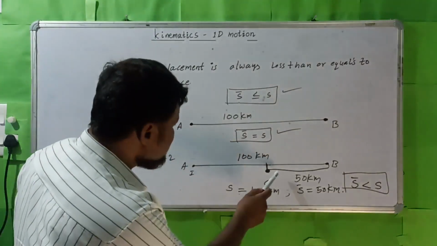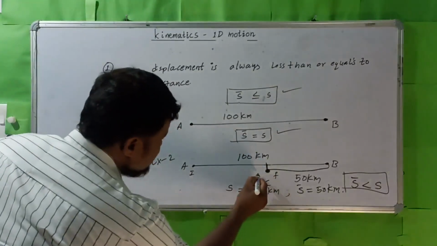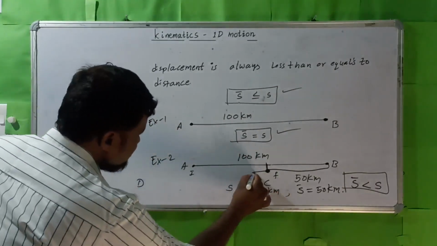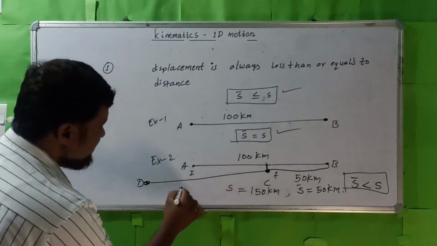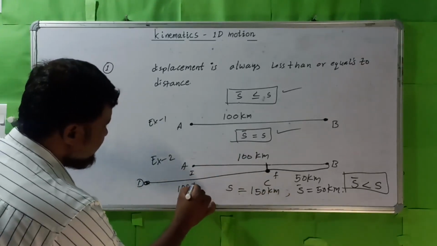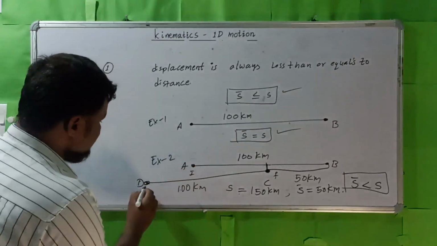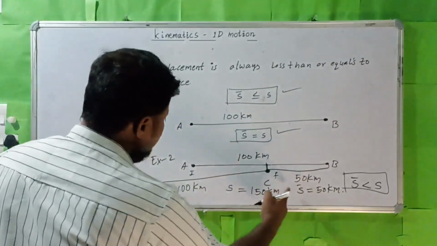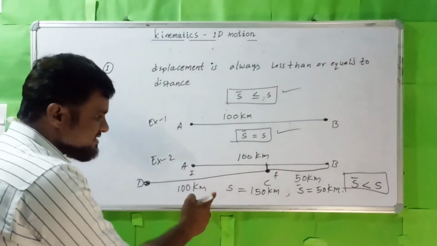Suppose the particle is coming from C to D, and it has covered, for example, another 100 kilometers. Now this is the initial position, this is the final position. 100, 50, 100, total 250 kilometers distance.